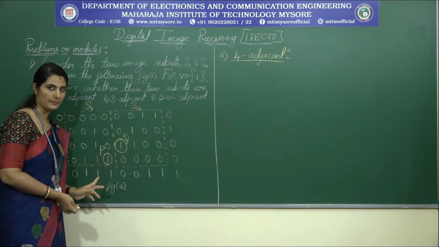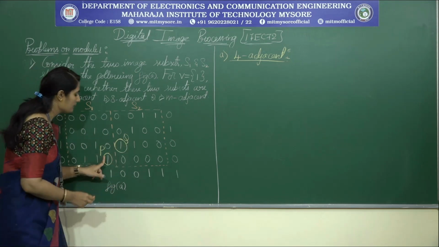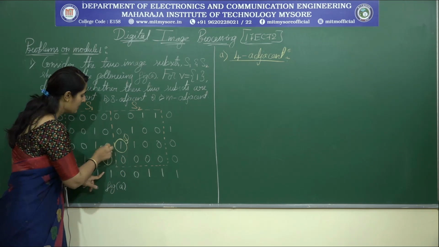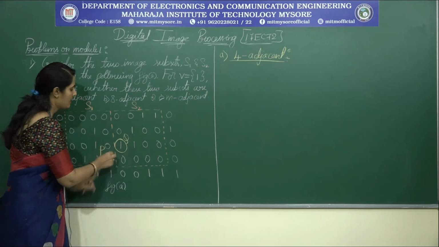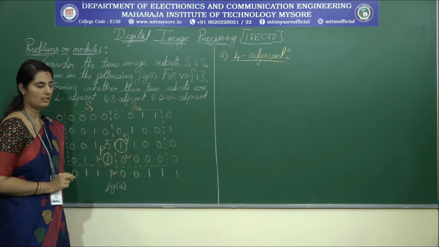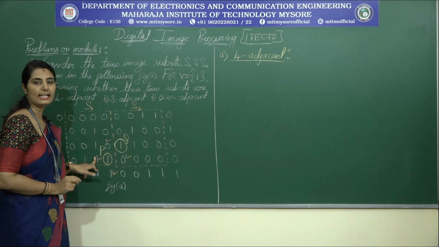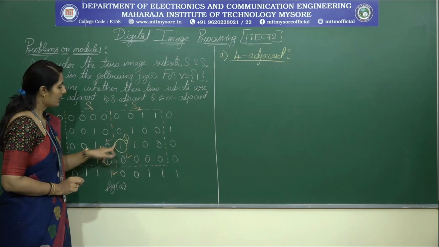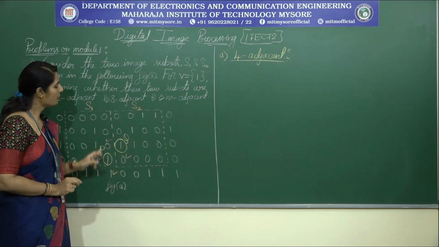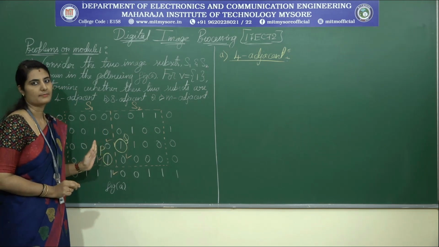The 4 neighbors of P are 2 horizontal pixels and 2 vertical pixels: this pixel, this pixel, this pixel and this pixel. These are the pixels in the N4 of P set, whereas Q does not lie in N4 of P. Therefore, P and Q are not 4 adjacent.